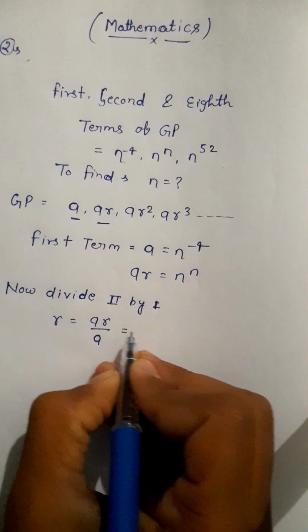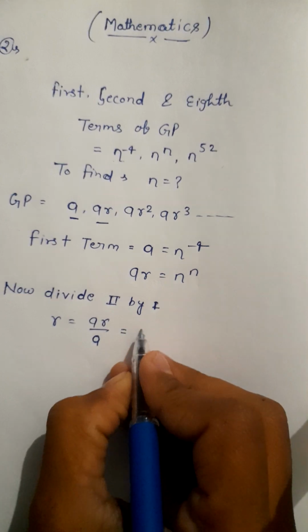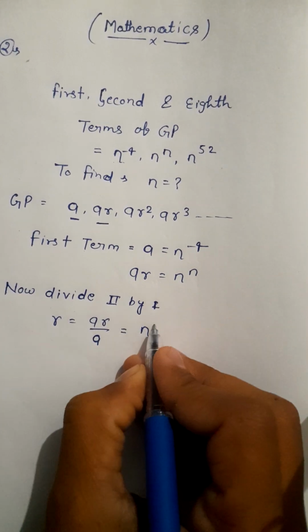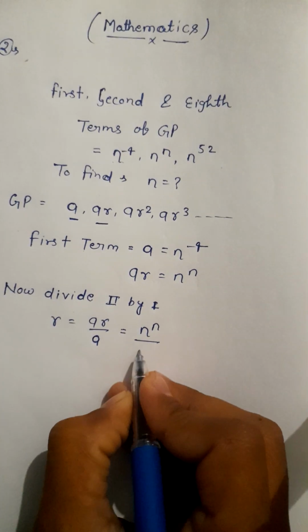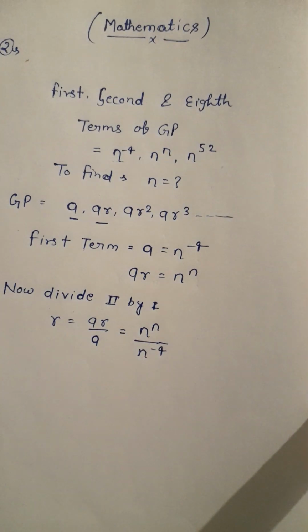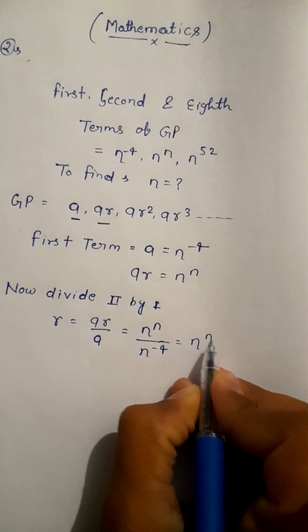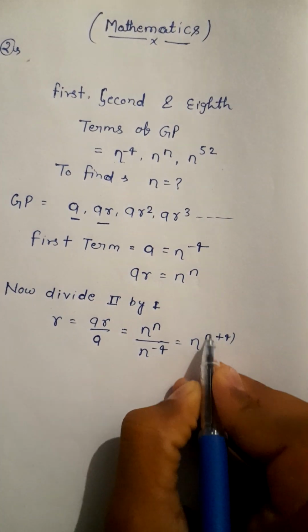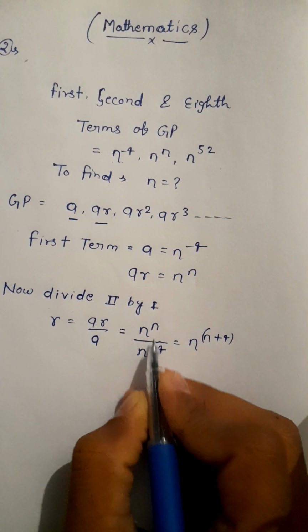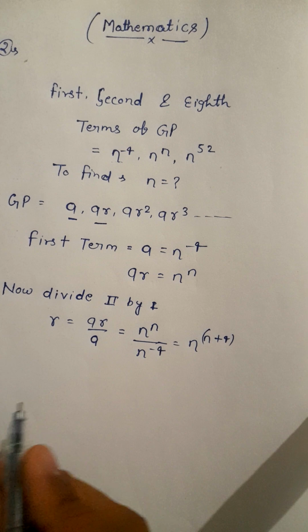So ar is n to power n, and the value of a is n to power -4. So you can write r as n to power n plus 4 by using the exponential law. The negative power goes to the upper side and becomes positive, so n to power n plus 4.